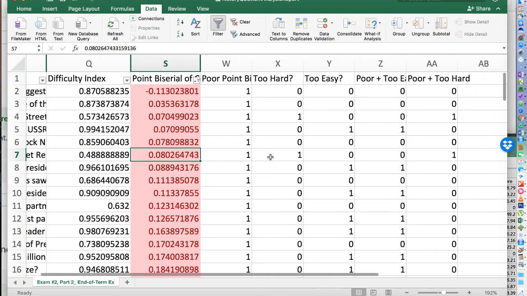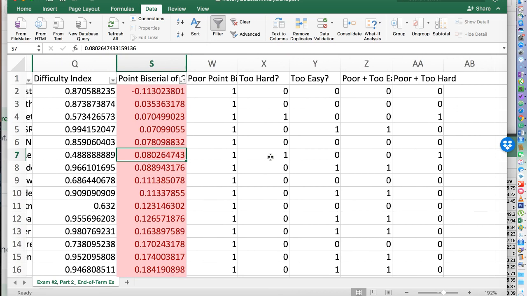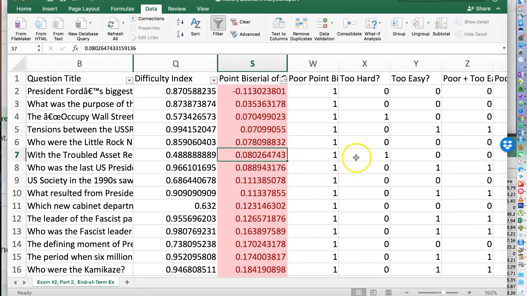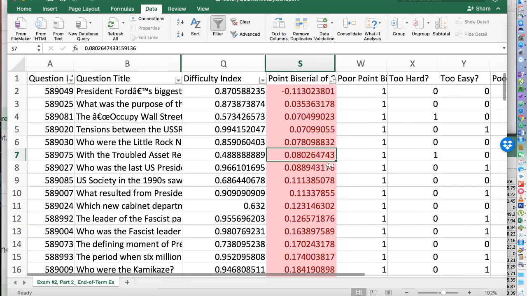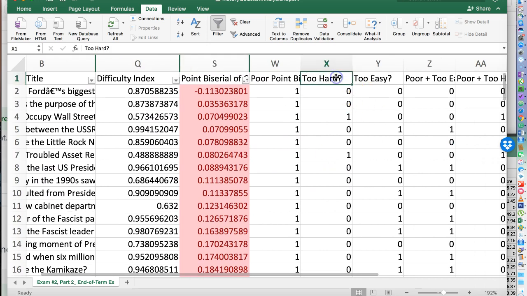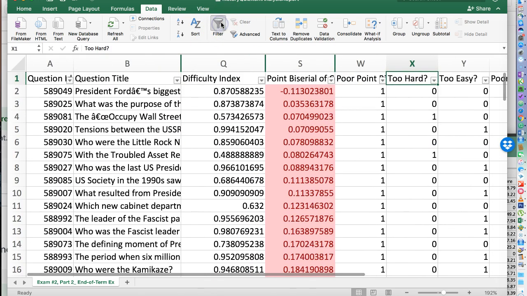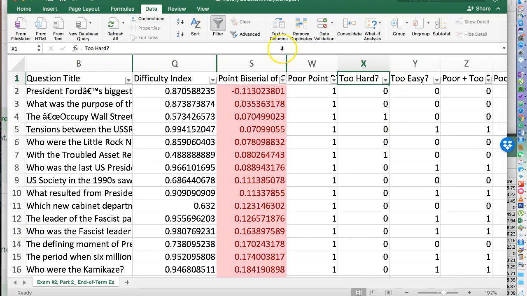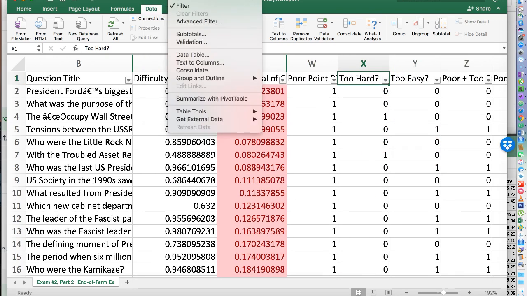So those are really easy ways to kind of categorize things. And then you can color code according to your Excel document, but then you can sort. So let's turn this filtering back on. You can then sort the data by multiple things.